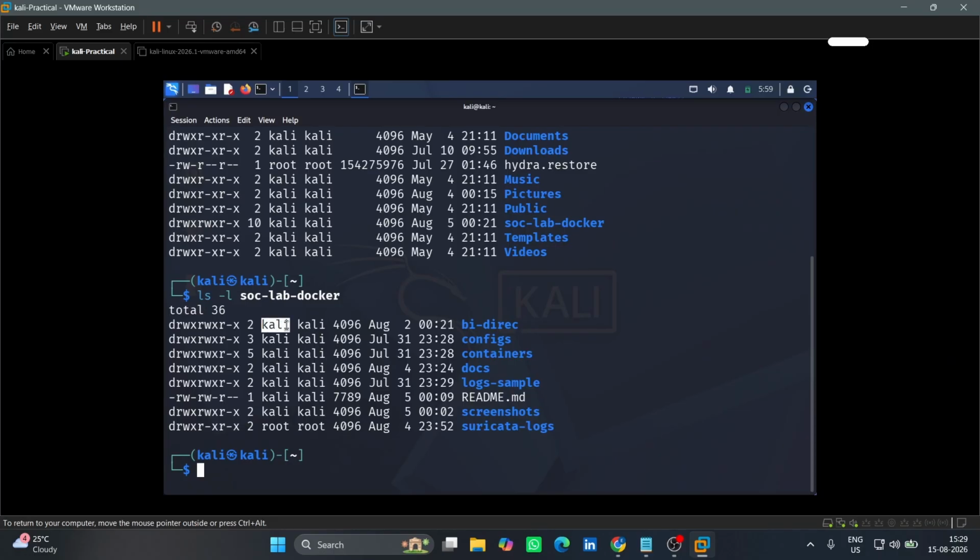For example, here Kali has created it, right? So for the Kali user, it has full permission. It can read, write, or execute this by direct, or anything in this directory.